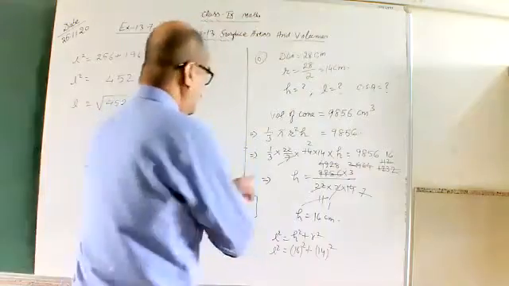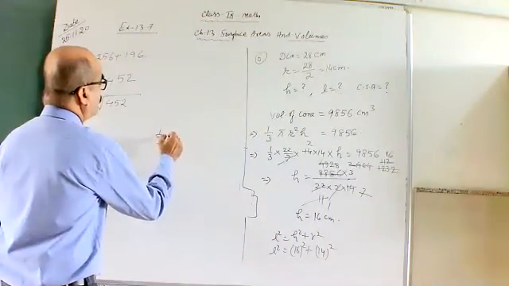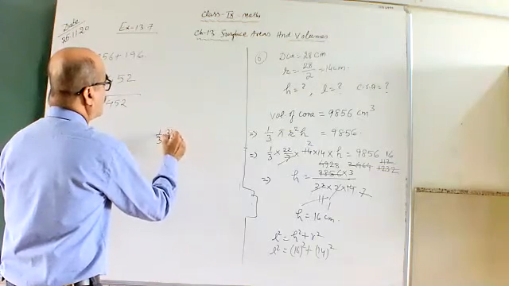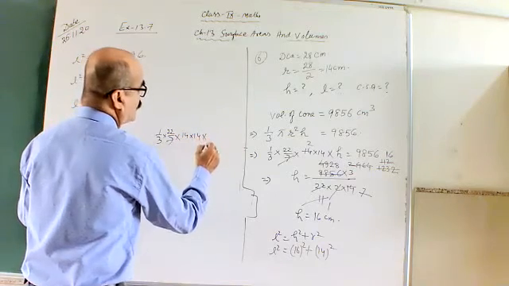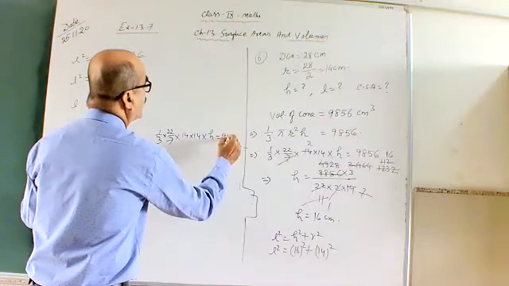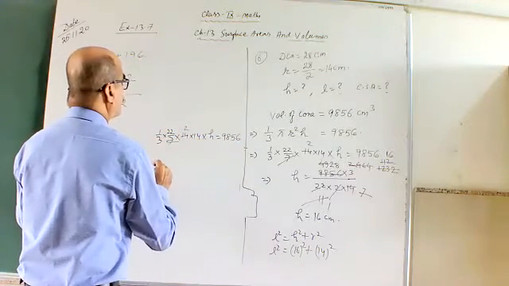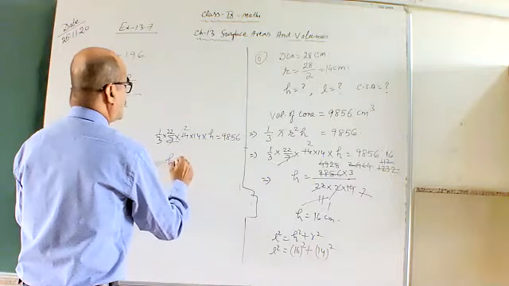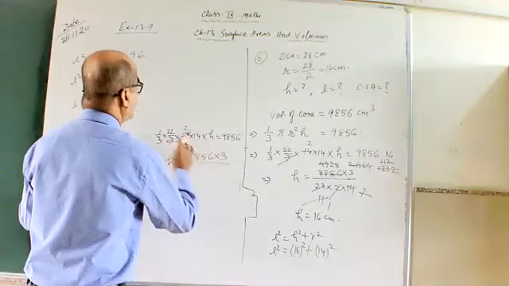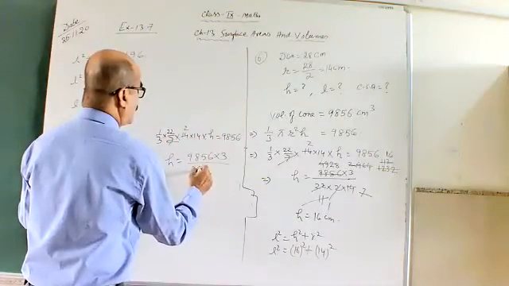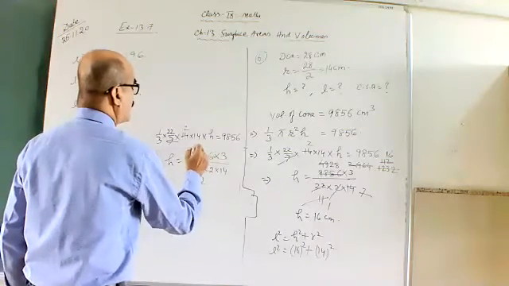Just a minute, I think there is some mistake in this. 1 by 3 pi, pi is 22 by 7, into r square is 14 into 14, into h is equal to 9856. So this becomes 7 2s are 14. Then h is equal to 9856 into 3 into 22 into 2 into 14.